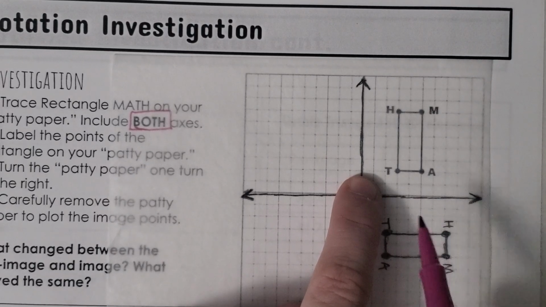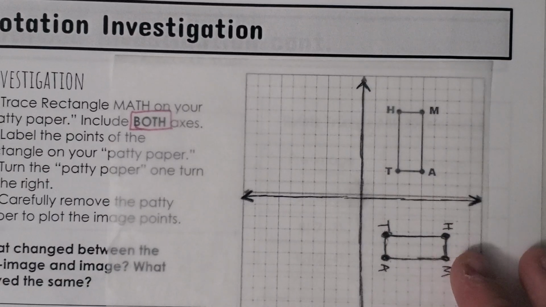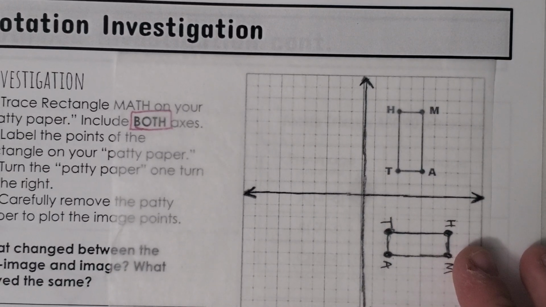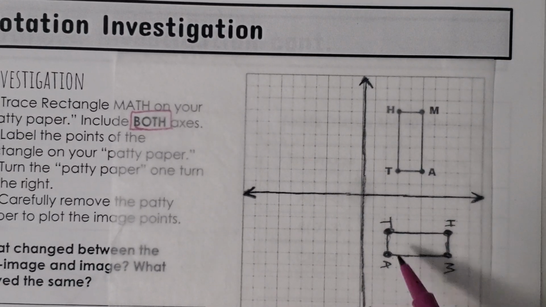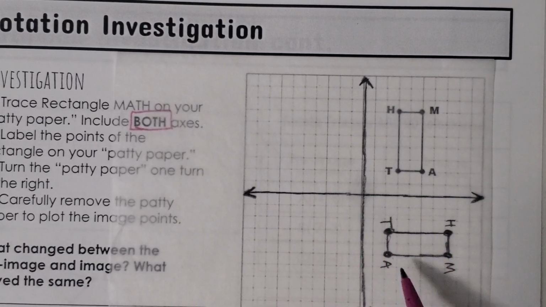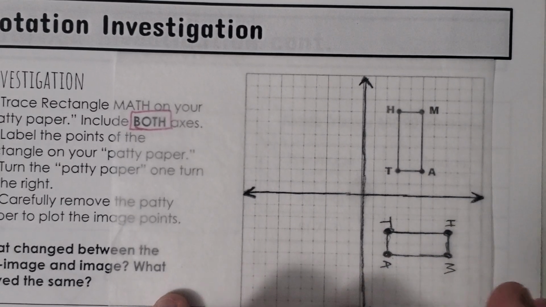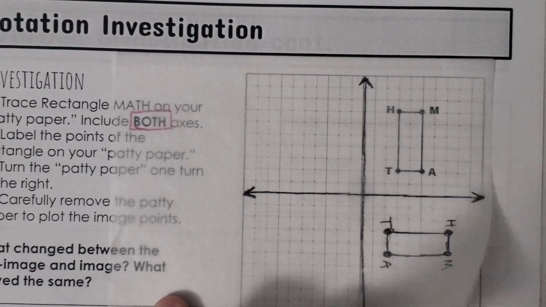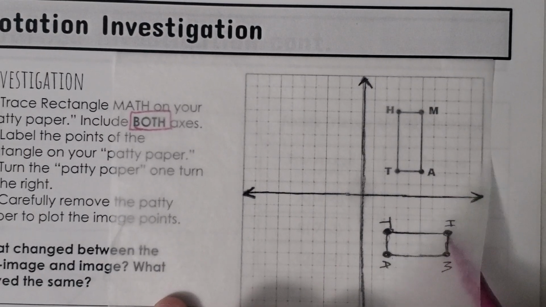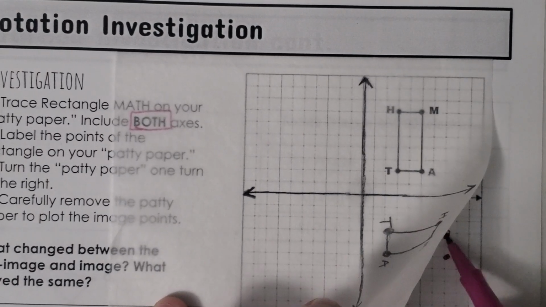When I turn that, I'm going to line my x-axis and my y-axis back up. And I'm able to see that my rectangle would land sideways down in this quadrant 4. So I'm going to carefully peel up my paper and I'm going to plot my points of where they should be.